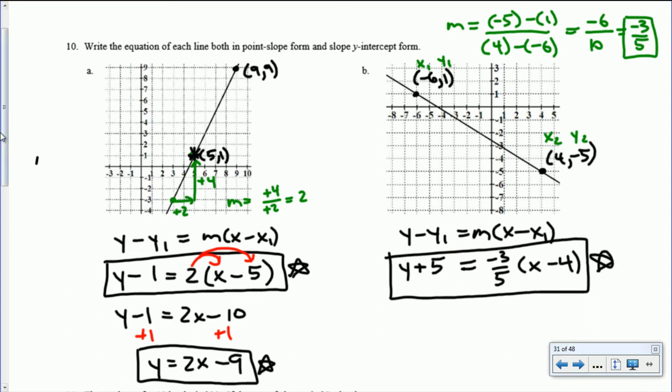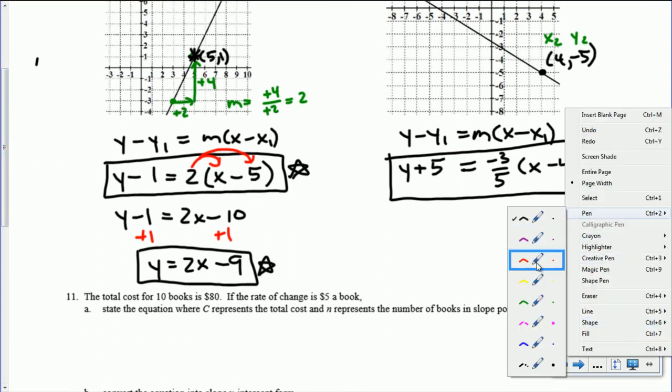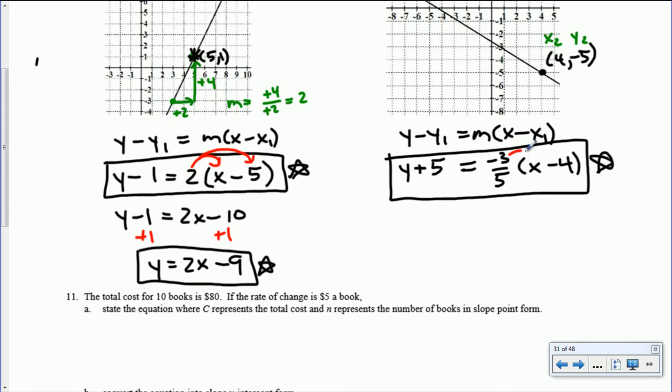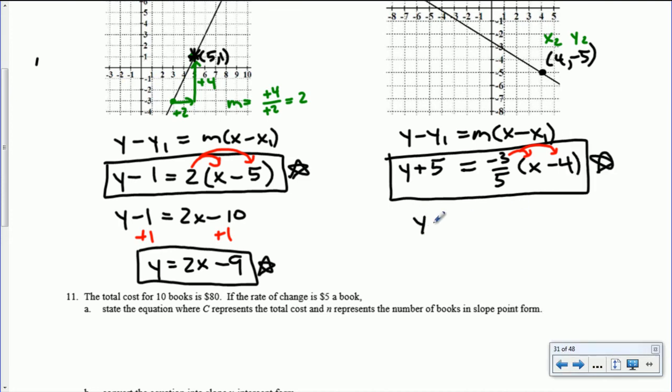Good. And if I want to convert that to slope intercept form, obviously I need to distribute this in there. So we get y plus 5 equals negative 3/5 x. Negative 3/5 times negative 4 is positive 12/5.